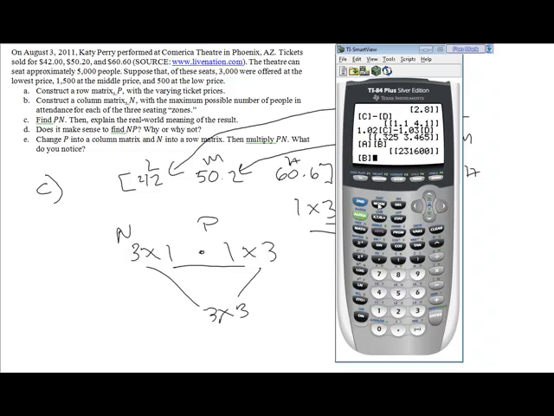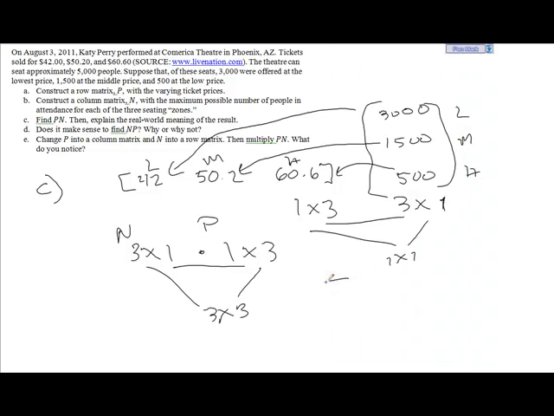We take a 3 by 1 times a 1 by 3, and we get a very strange looking matrix of values. So there's all kinds of things going on here. Let's see what's actually taking place. So we have 3,000, 1,500, 500, and then we have 42, 50.2, 60.6.